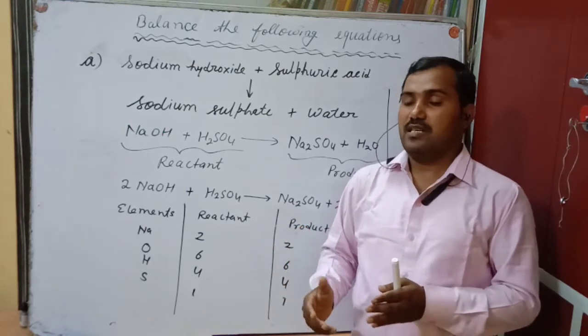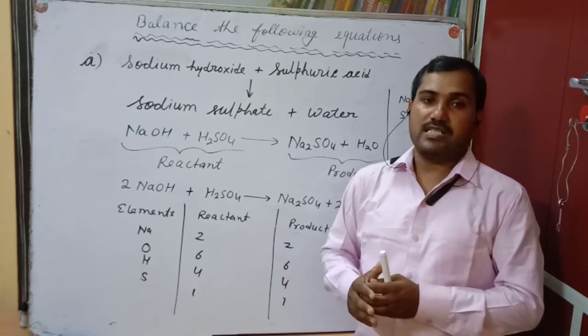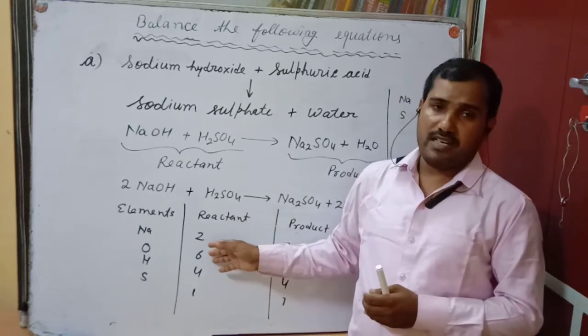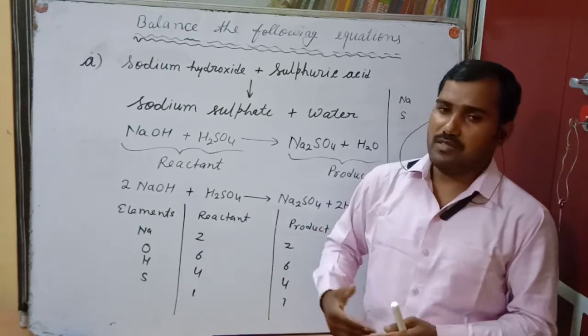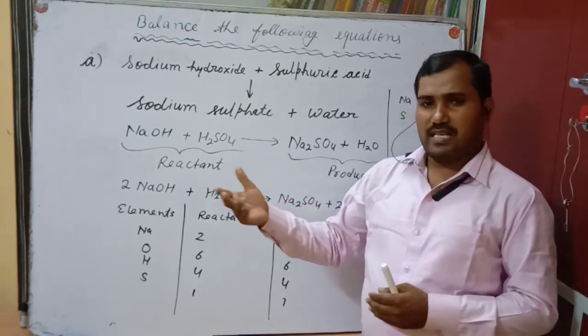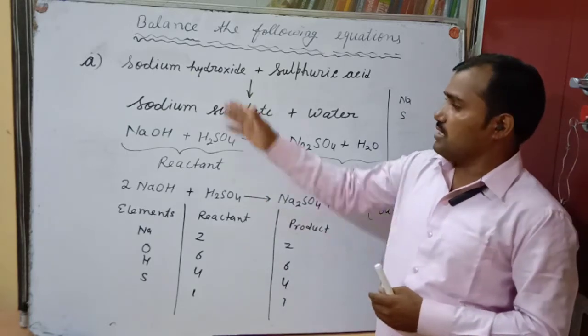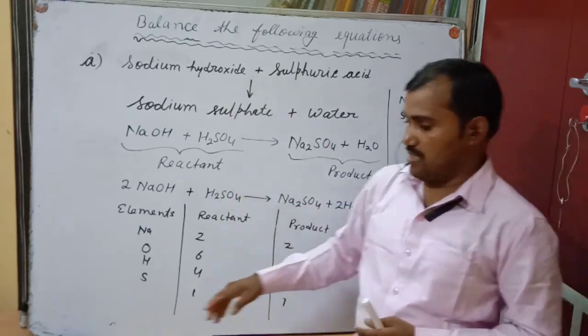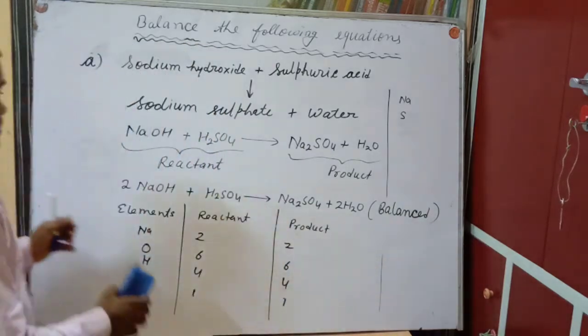Oxidation reduction method means the half reaction method. You will learn both methods in higher classes, that is, in class 11th. This is the simple hit and trial method. One more chemical equation I want to give you.